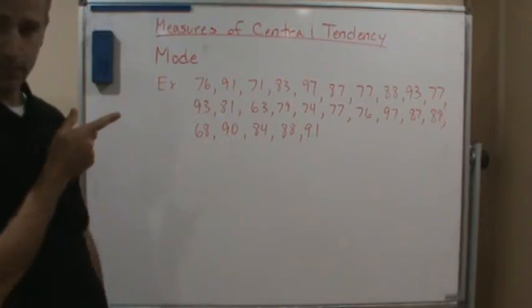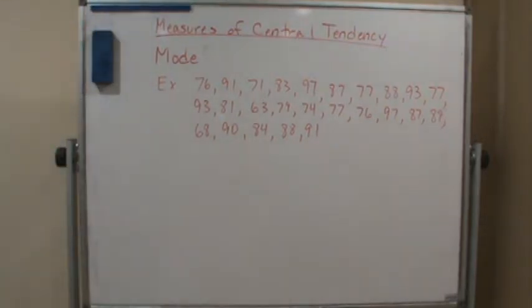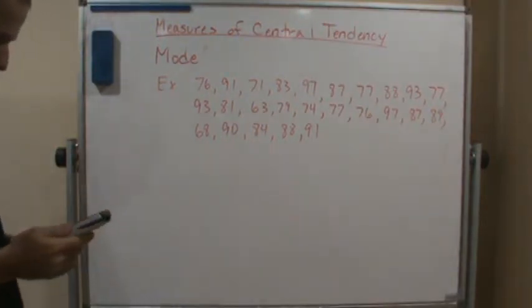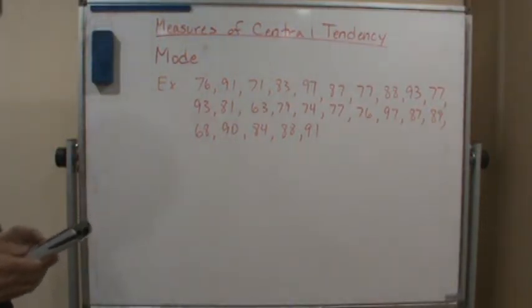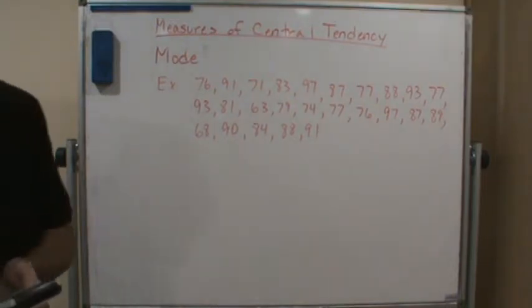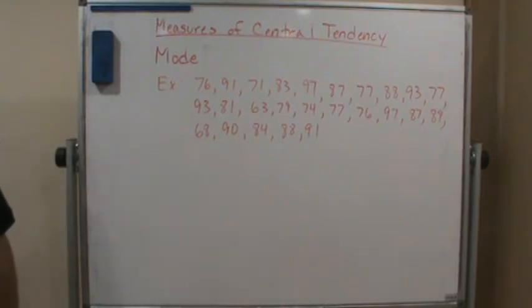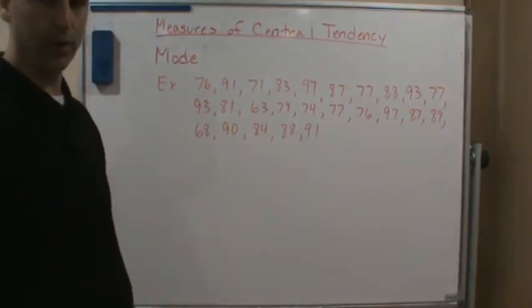It might give us the mode. Let me check the calculator as well. Typically it won't, but let me just double check here, just to be on the safe side. And no, there's no mode function. The reason why is because it's such a simple thing that they don't put it in the calculator.